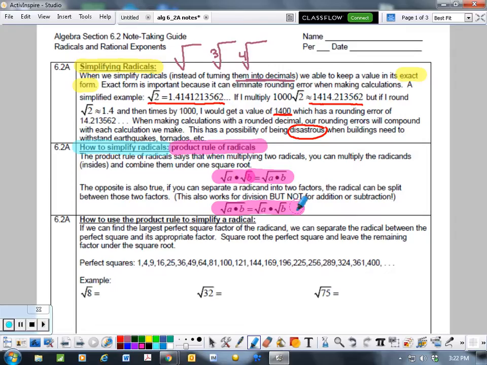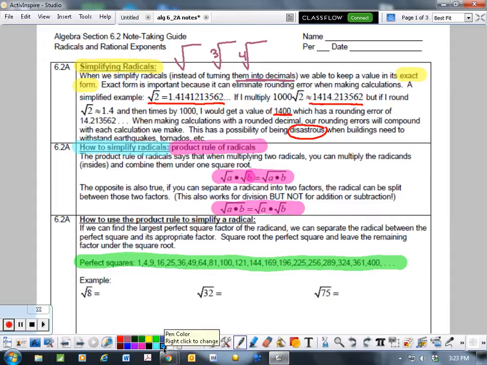And so the first method we're going to use is the perfect square method. So we're going to highlight these perfect squares. What we're going to do is take a look at our numbers and find the biggest perfect square that can divide the radicand. It's usually easier with small numbers, harder with bigger numbers.